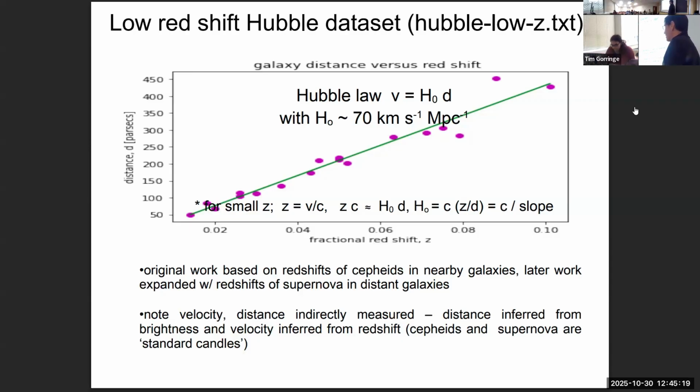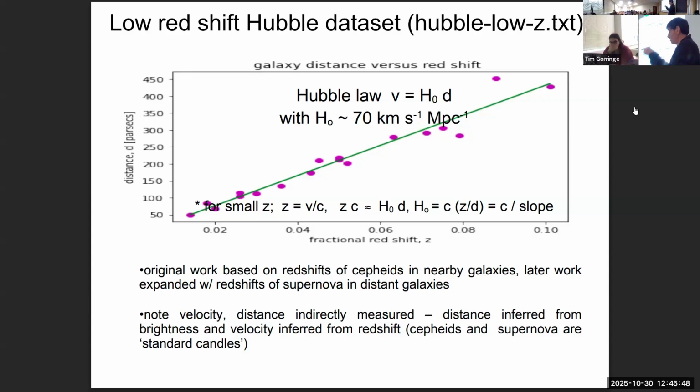And so this is a typical Hubble plot. It's the normal way that the distances and velocities are plotted. In this way of plotting it, with the vertical axis being the distance and the horizontal axis being the velocity, or this proxy for the velocity, then the slope of the graph is actually the inverse of the Hubble constant, not the Hubble constant.